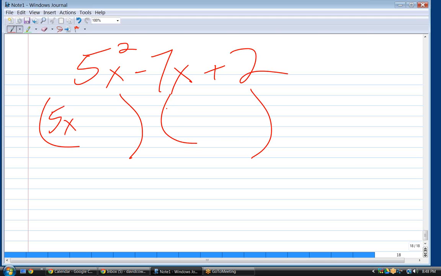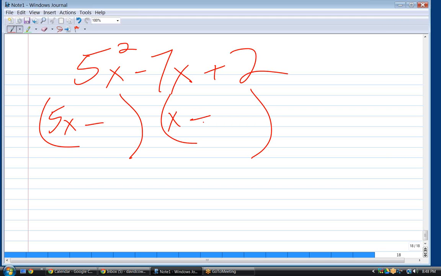Right, 5x and 1x. There you go, 5x and x. In other words, always separate the x's. Never leave one side x squared and the other without an x. Okay, what are the signs? Negative, negative.